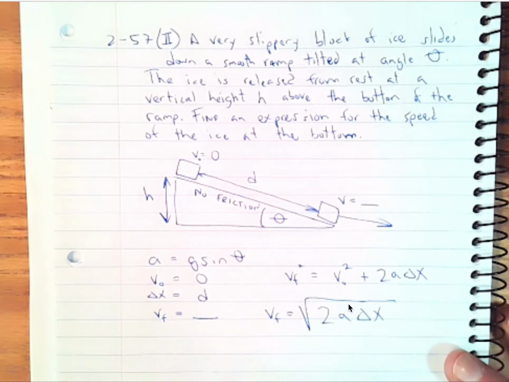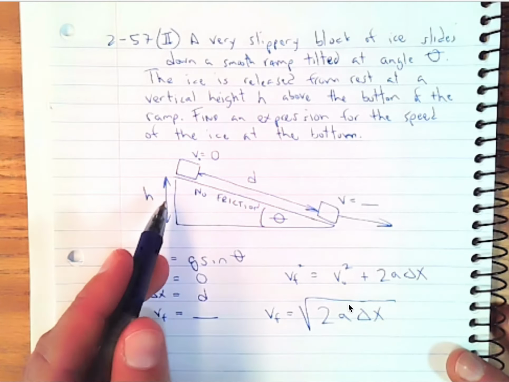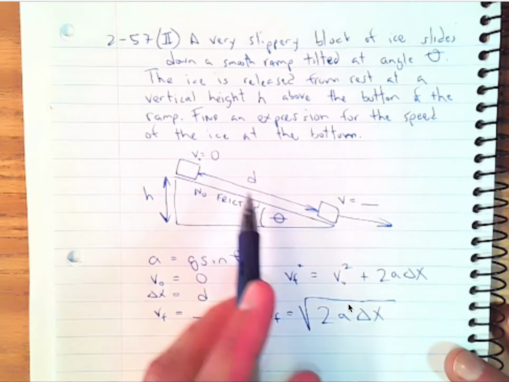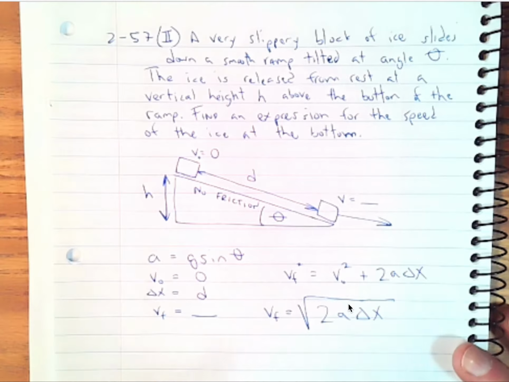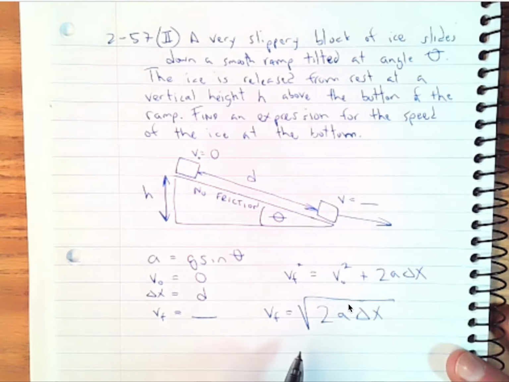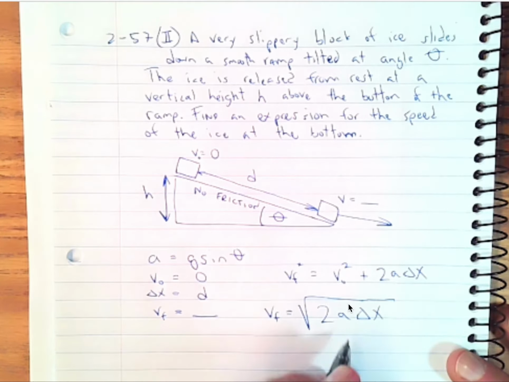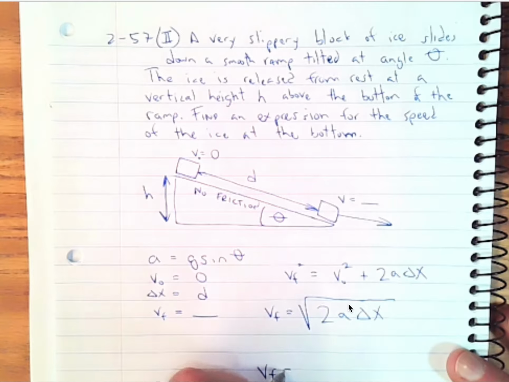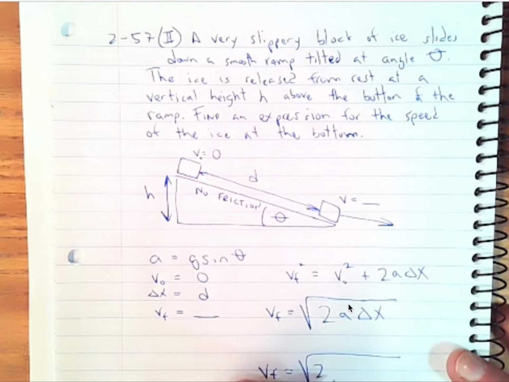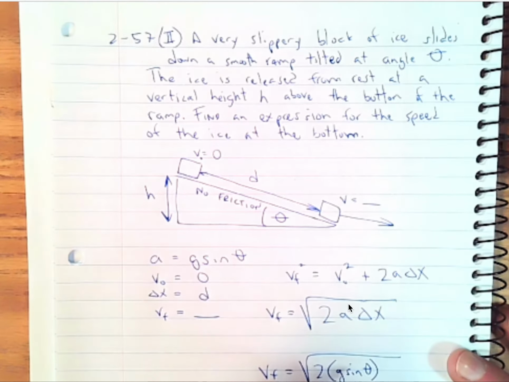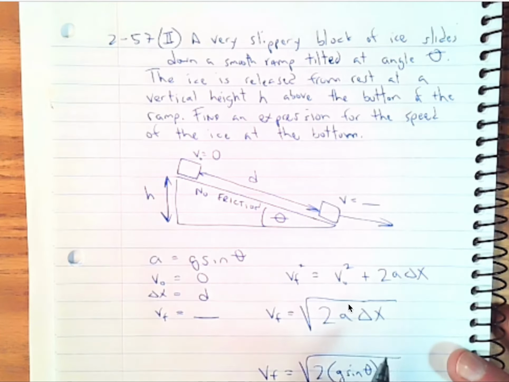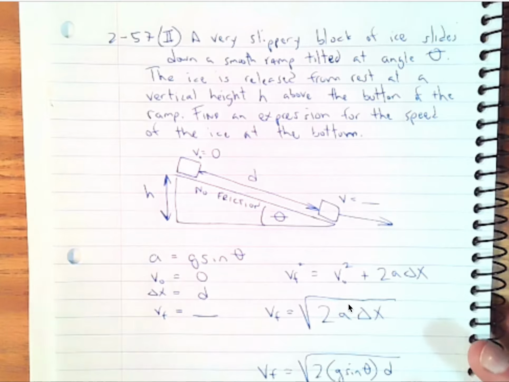Well, that's fine, but we need to know it in terms of h and theta. And so let's plug in g sine theta for a and d for delta x. So V final equals the square root of 2 times g sine theta times d.